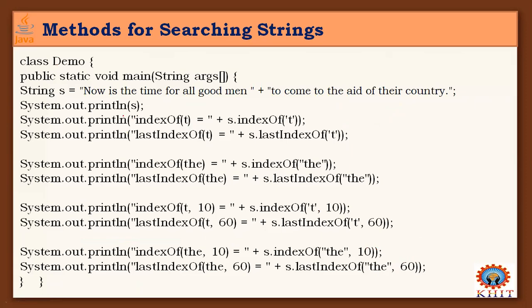So consider a string here. String object s contains this long string, and we also concatenated two substrings like here. Now is the time for all good men, here it is a space, to come to the aid of their country. The total long string is loaded into this s string object.